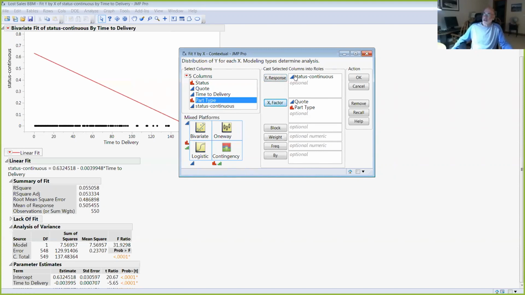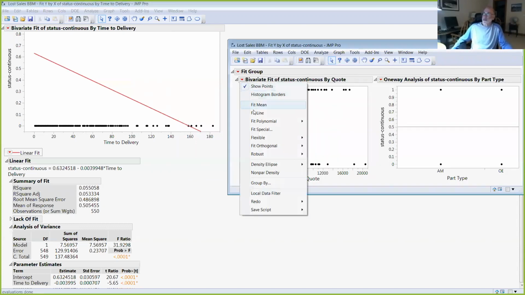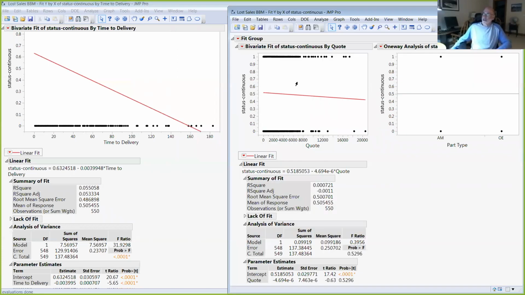The second analysis I just did here has a continuous y variable and a nominal x variable, so it's going to actually do a one-way analysis of variance. This one, we just fit a line. Looks like a negative relationship, higher quotes, less something about the winning the quote, and this one you'll notice is here not significant, pretty high p-value.